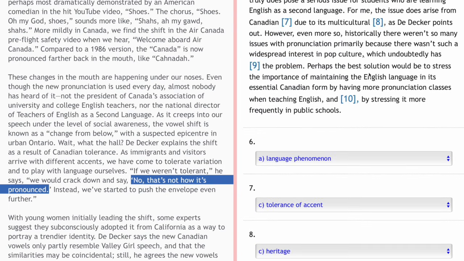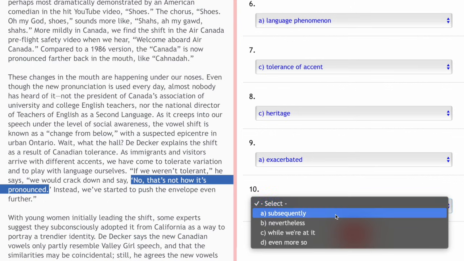Okay, perhaps the best solution would be to stress the importance of maintaining the English language in its essential Canadian form. It's a solution, by having more pronunciation classes when teaching English, and then by stressing it more frequently in public schools. Well, I think so. Teaching pronunciation classes, that would be good, and stressing it more. So, and then. Subsequently, nevertheless, while we're at it, even more so.